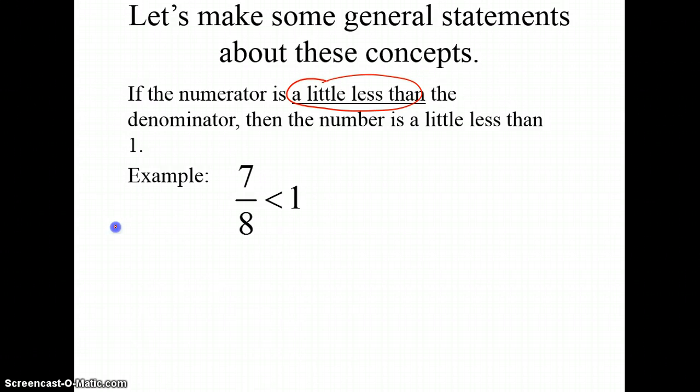Going back to our original example, 8/8, 7 is a little less than 8. So 7/8 is less than 1. But if I'm estimating, I might round 7/8 to 1 because it's really close.